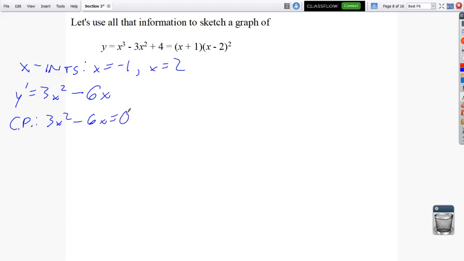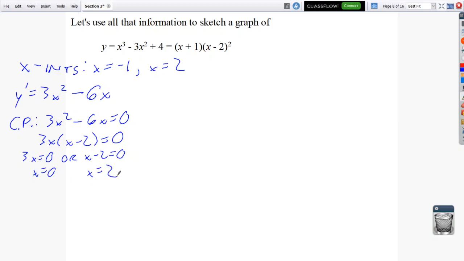Here my denominator is 1, so it's never going to equal 0, but I can set my numerator equal to 0, and I can even further factor it. So I get 3x times the quantity x minus 2 is equal to 0. I have my two critical points where 3x equals 0 or x minus 2 equals 0. So that means my two critical points are x equals 0 and x equals 2.